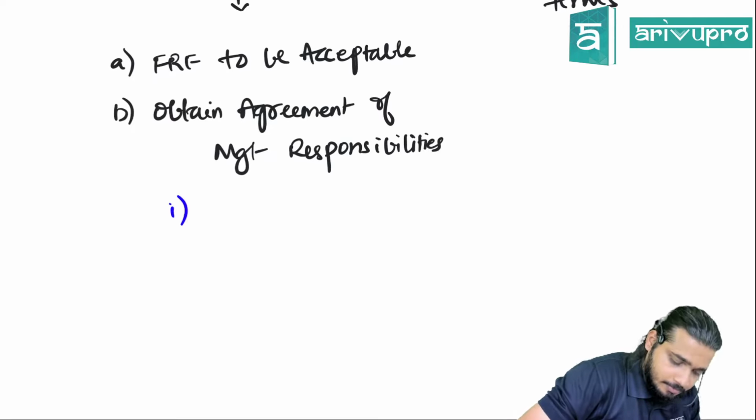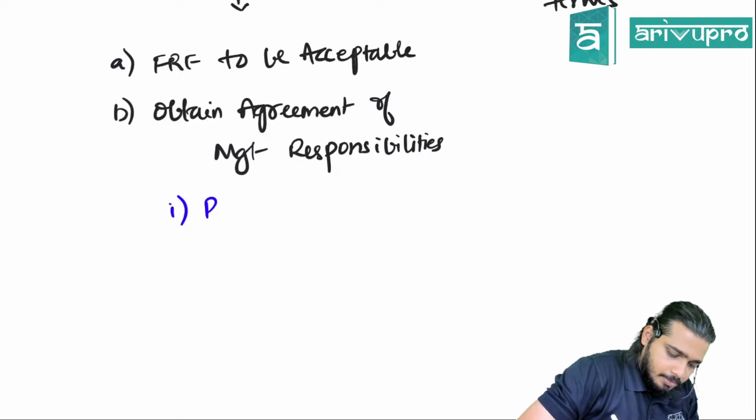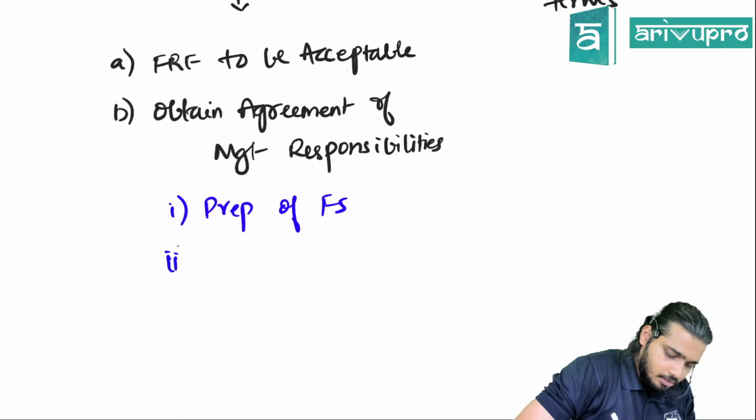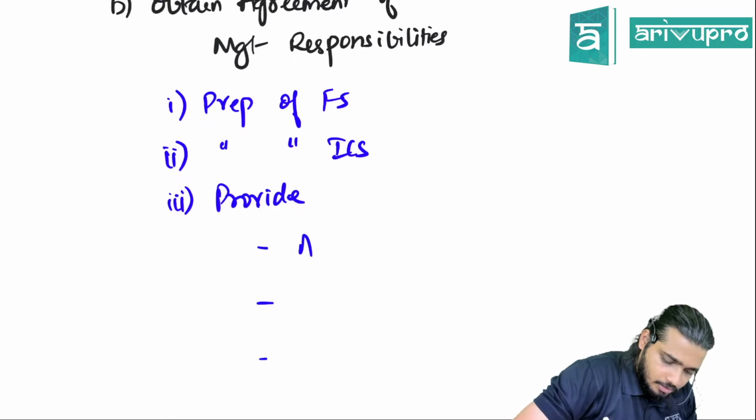Number 1. What is the first one? Preparation of financial statements. Number 2. Preparation of ICS. Number 3. Provide 3 things. 1, 2, 3. What is that?